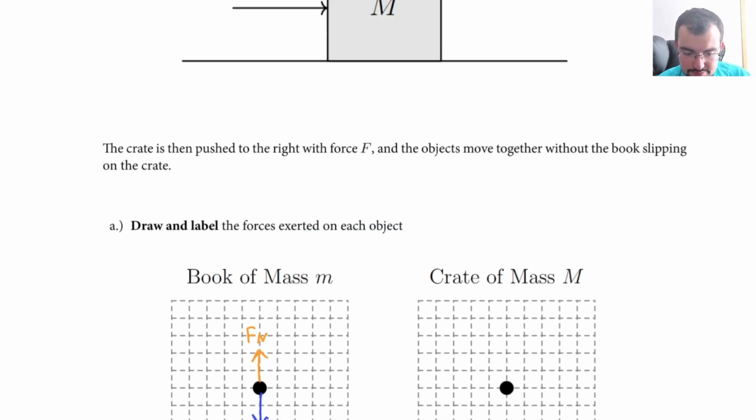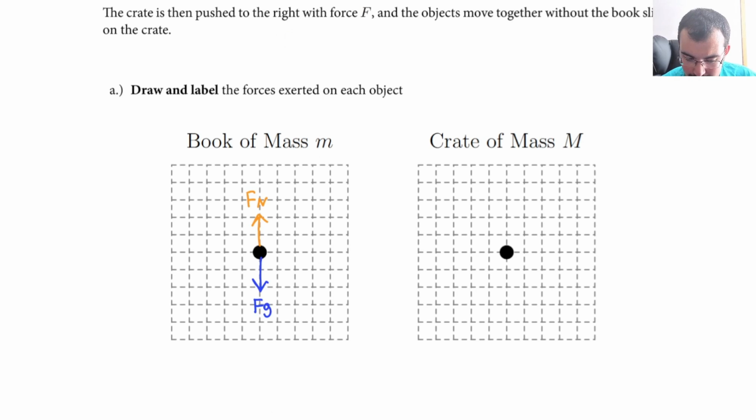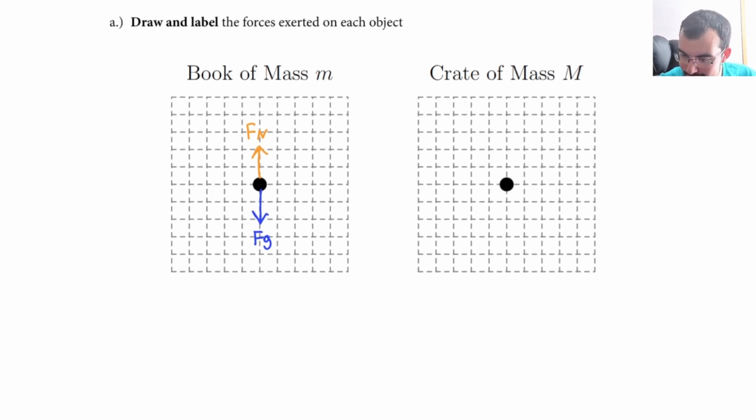And then we are given that these are accelerating to the right. So we'll come back to it actually. Let's do the crate, mass M. So we'll start with a bigger weight force, Fg.